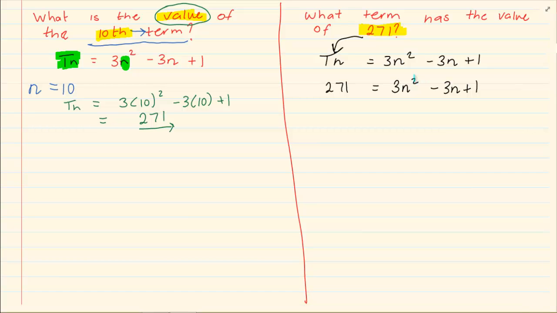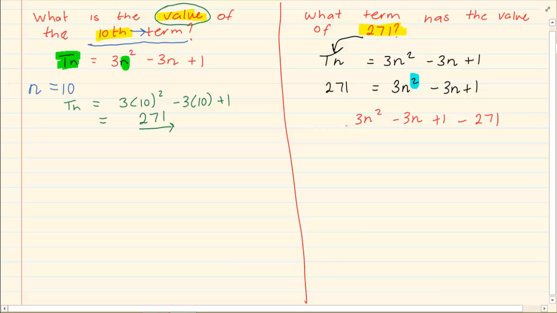If you look, you will notice that it is to the power of 2, which means we now have a trinomial. So a trinomial says you must get the equation to equal 0. So we move the 271 over and we now have 0 is equal to 3n squared minus 3n minus 270.